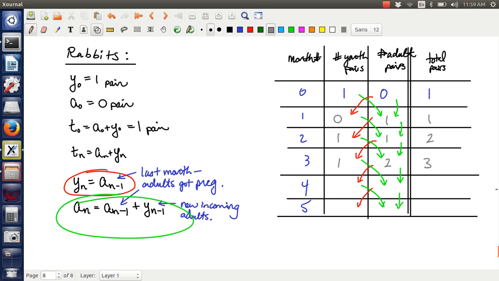Okay, red arrow for month 4, green arrows, total pair. Okay, red arrow, green arrow, total pairs. And we're actually seeing that we get the Fibonacci sequence here, and we could simplify the Fibonacci sequence by saying F0 is 1, F1 is 1, and Fn plus 1 is Fn plus Fn minus 1.